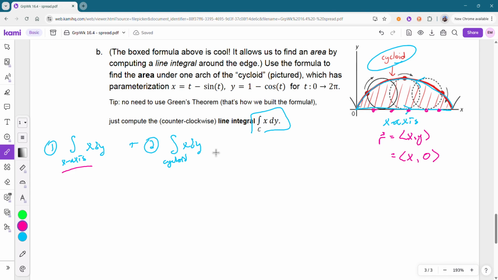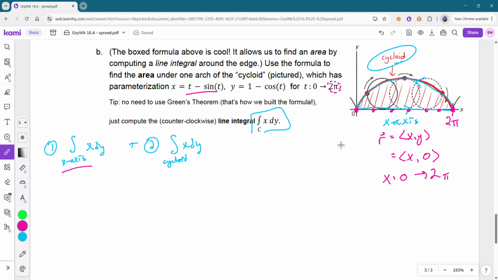Leave x as x, set y to 0, and to start at the origin, that's starting x at 0, and this point here, where we drop down, is going to happen at the x value of 2 pi, which we can see here by plugging in this parameter value of 2 pi for x, which is 2 pi minus sine of 2 pi, and so our final x is 2 pi there.